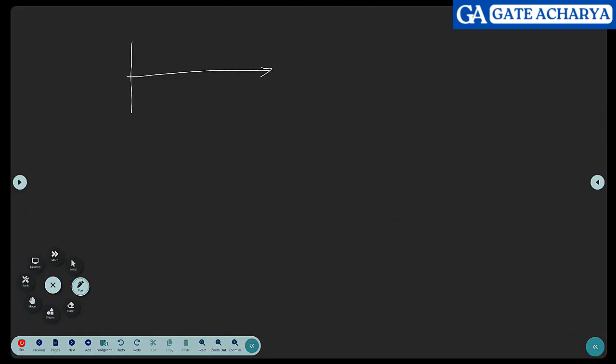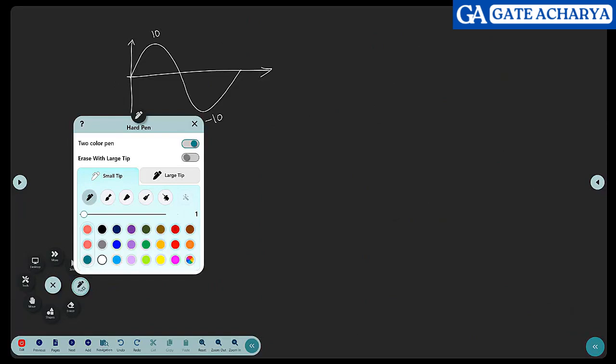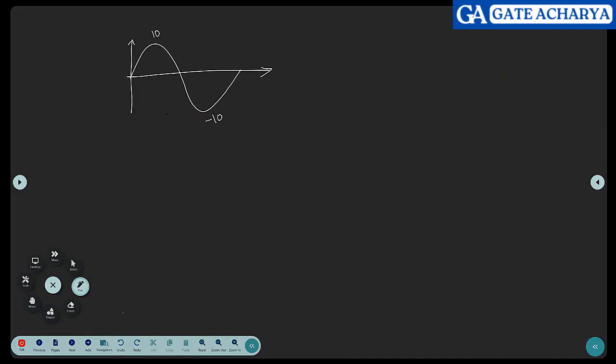If you give an input like this, see the white color is the input. What is the output? Output amplitude 1.57, but it starts at exactly how does it go? See, this is the V out.